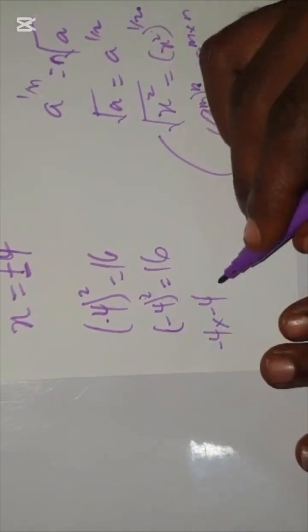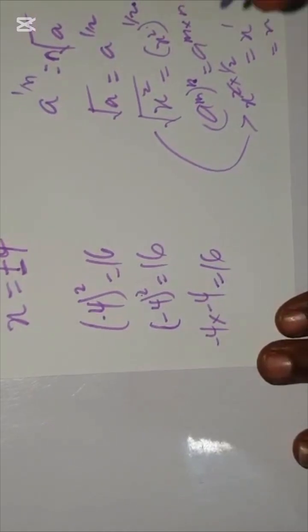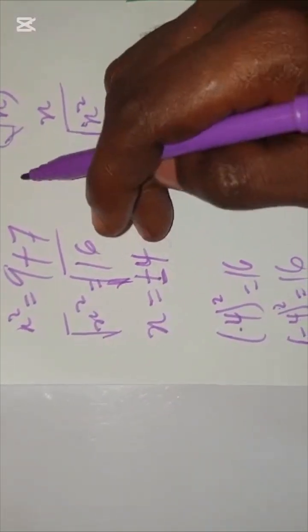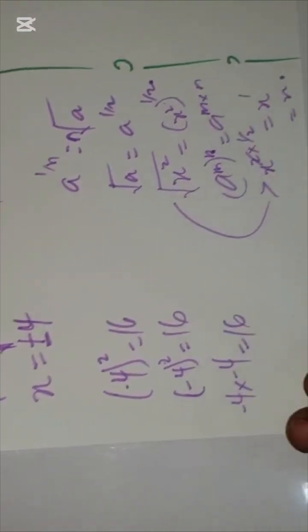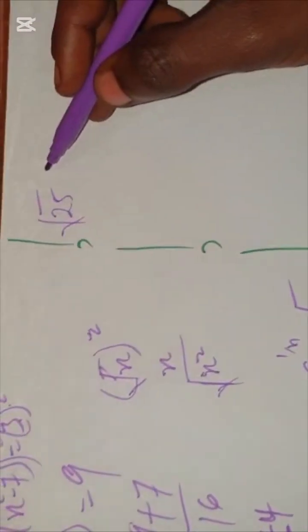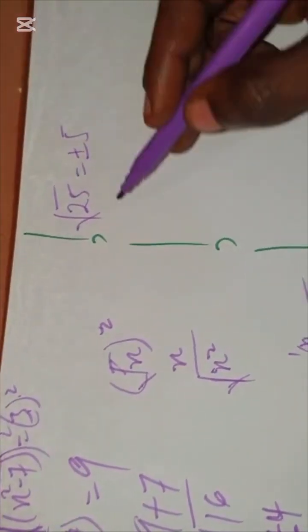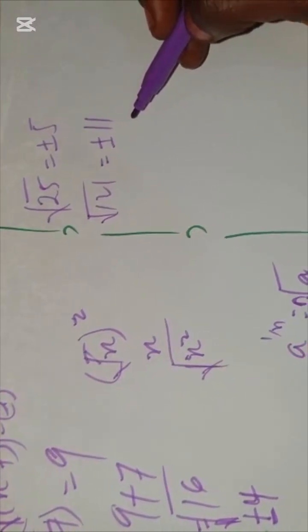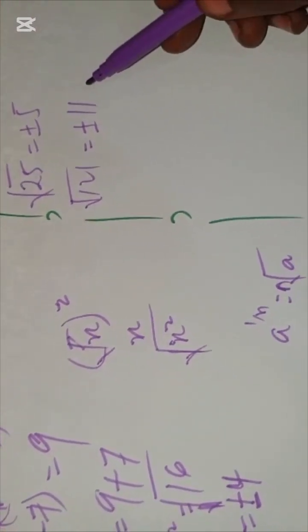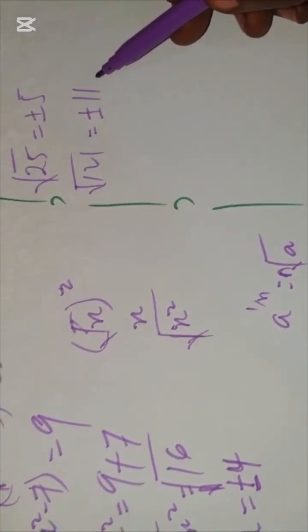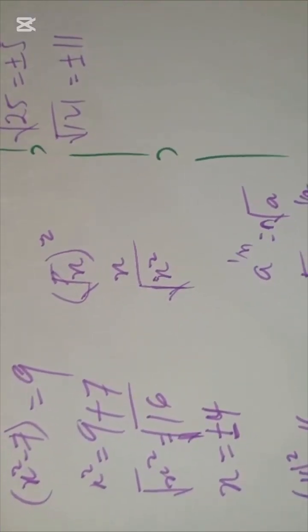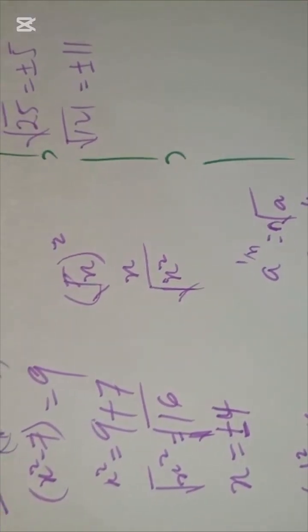So minus 4 times minus 4 gives 16. So that's why the square root of 16 gives a plus or a minus 4. Just like the square root of 25 can give plus or minus 5, and the square root of 1 gives plus or minus 1. But it's not in all circumstances that you write the two possible answers. Sometimes only the positive answer is required, sometimes only the negative answer is required.